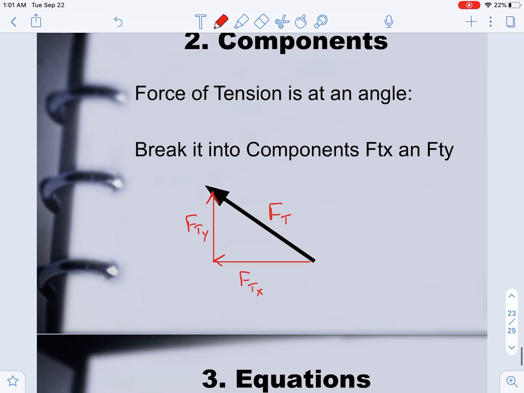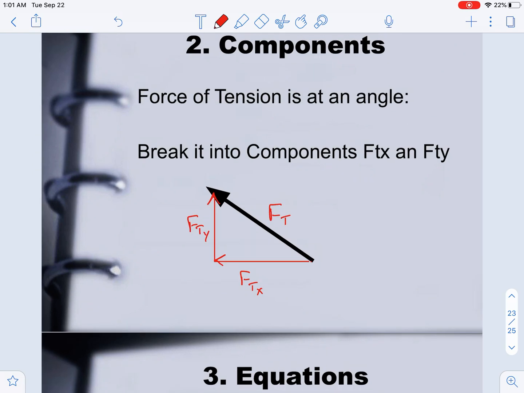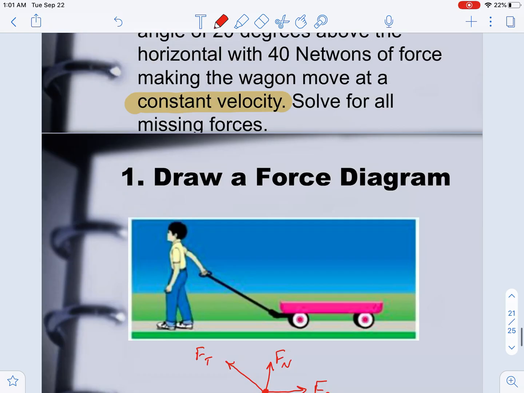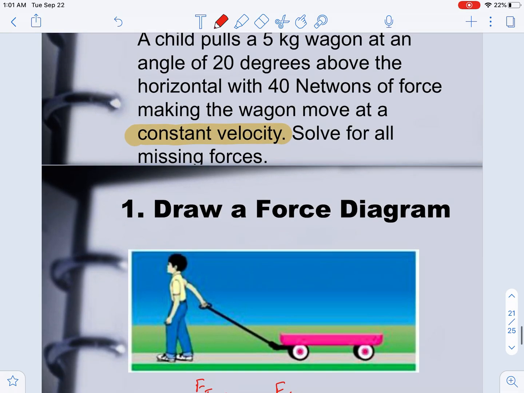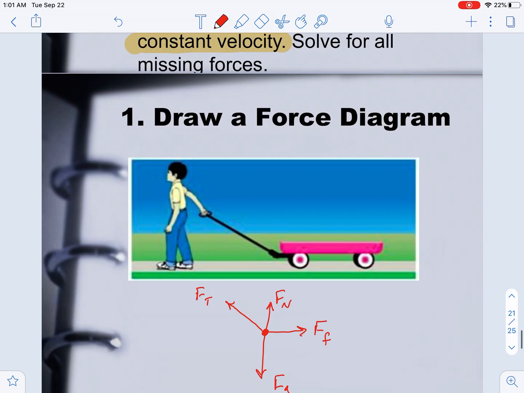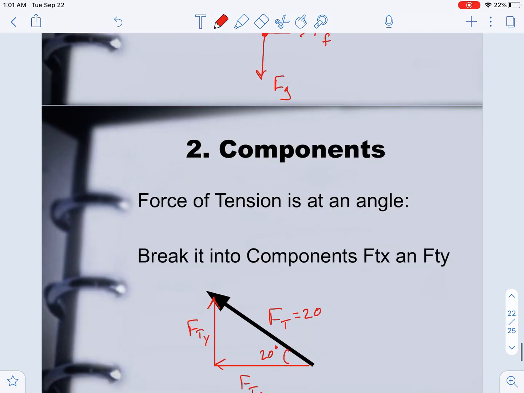Once we have our triangle and we have our components drawn in, we can draw in our angle. We know that that angle is 20 degrees because it tells us it's at 20 degrees to the horizontal. And we need to go about finding out what our components are. Well, we know that the tension force itself, whoops, I'm sorry. I wrote down 20 and I meant 40.